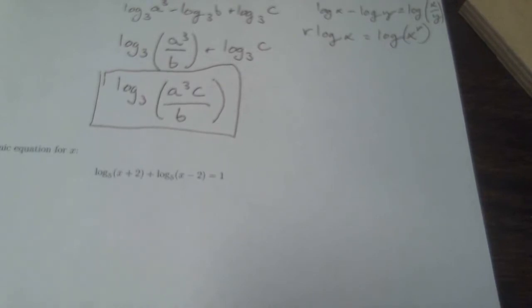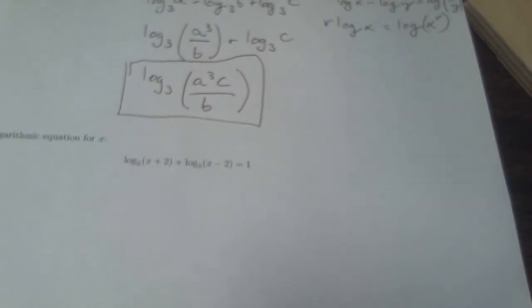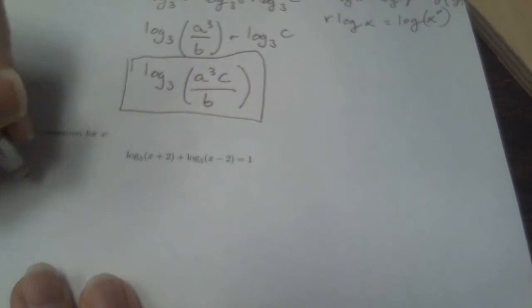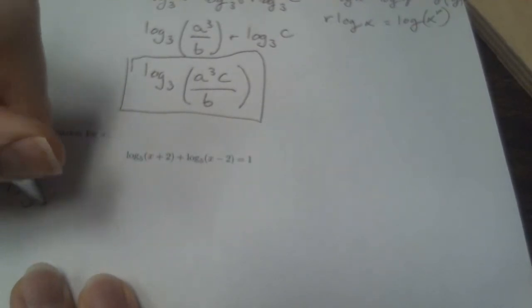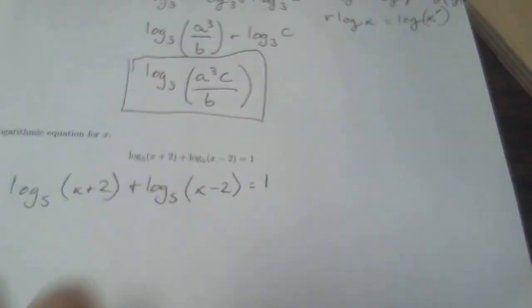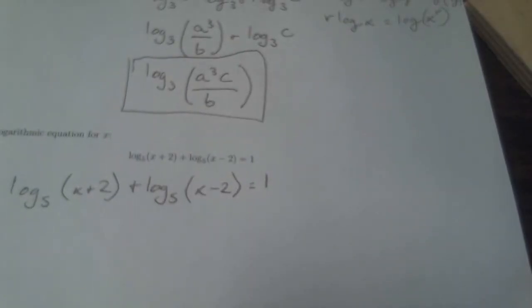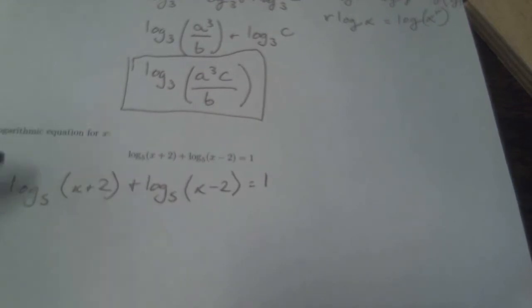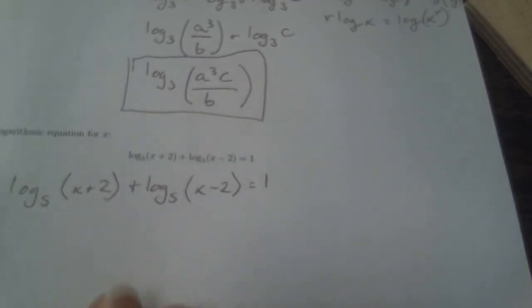And the last question here is dealing with solving a logarithmic equation. So here I have log base 5 of x plus 2 plus log base 5 of x minus 2 equals 1. My first step in solving a logarithmic equation is to combine it so I have a single logarithmic expression, or at most one logarithm on each side.